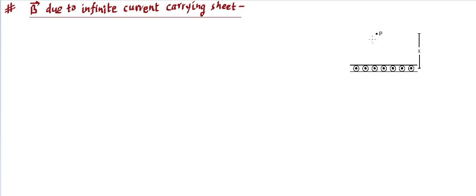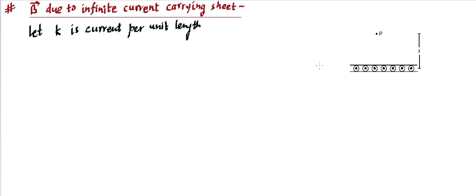So here we can also apply Ampere's law, because this is infinitely large, so symmetry is going to prevail there. There will be a quantity given like current information, let's say K. Generally we use this K, or any other letter for that matter. K is the current in the sheet per unit length, or we can call it the linear current density.